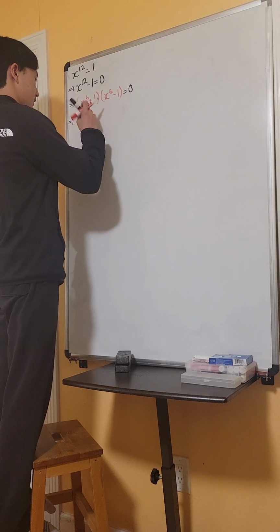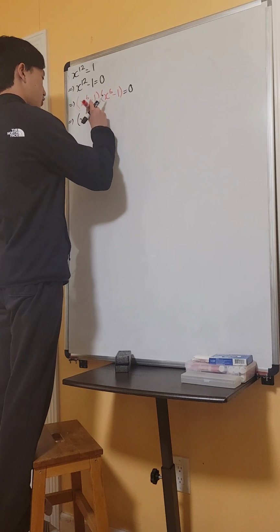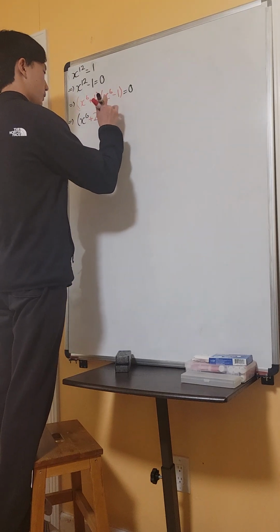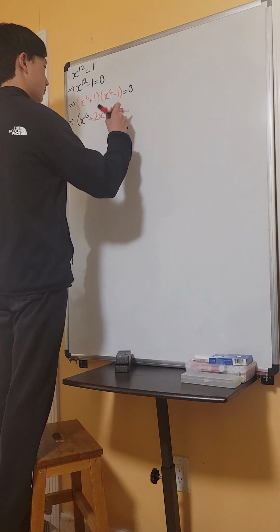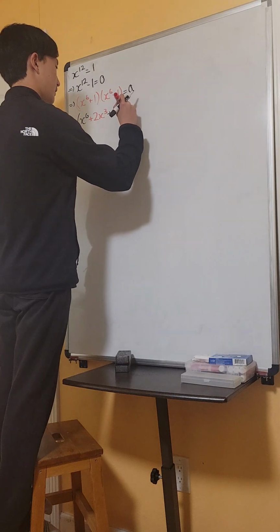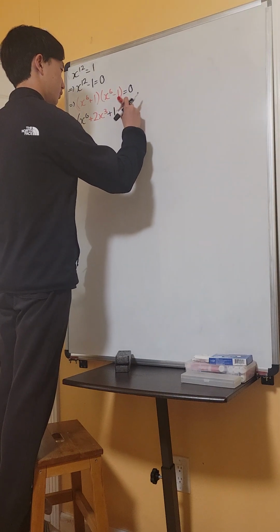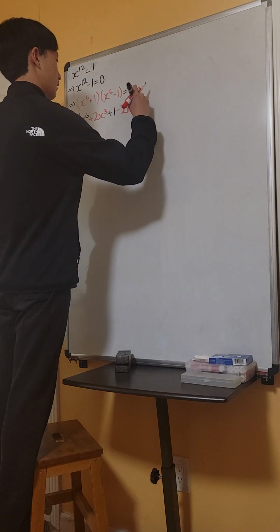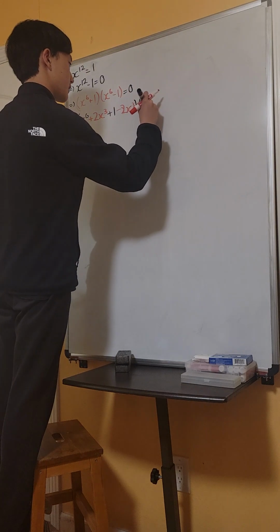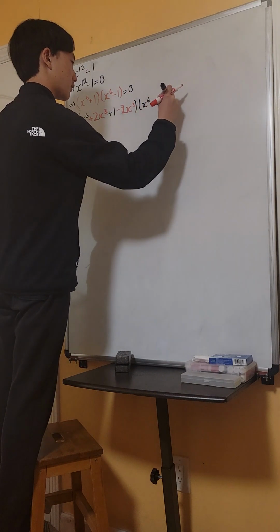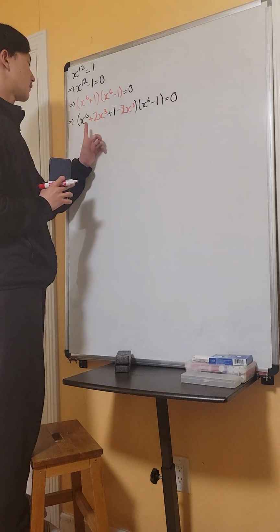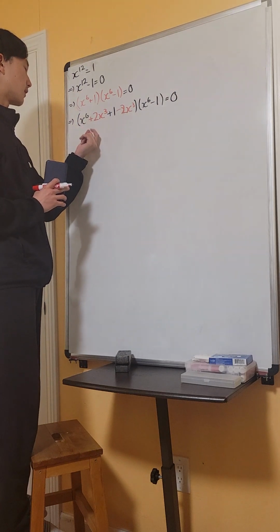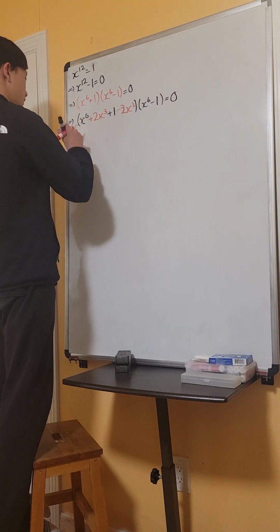x to the 6th stays the same. But now you're adding a 2x cubed. Notice how this completes the square. And then you have to immediately subtract off a 2x cubed to compensate. And then let's keep the right side the same. The other factor the same. And then for this one, this is a perfect square trinomial.